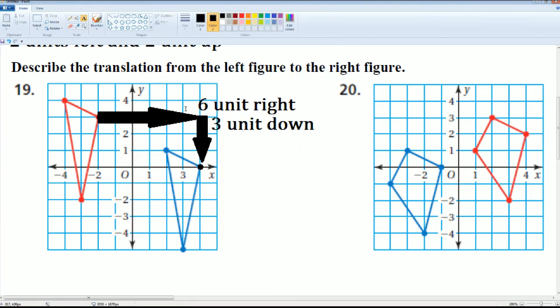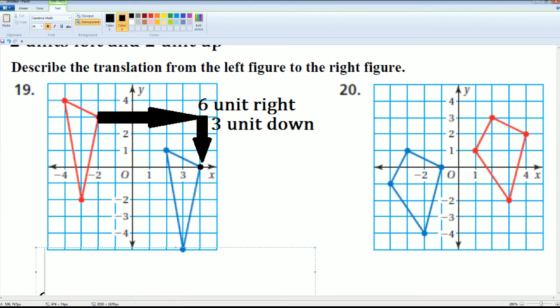6 units right and 3 units down, or you could write it in its general form. It would look like this. Parentheses. Let's do the left and the right first. So that is x, 6 units right. So it's x plus 6, comma, 3 units down, which is y minus 3.